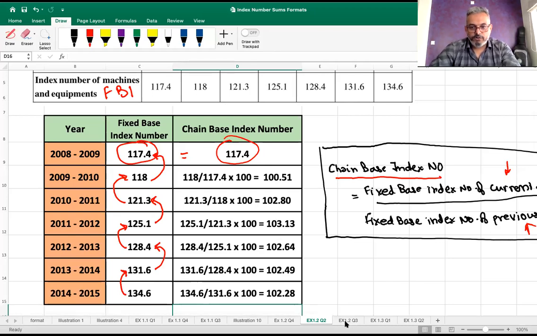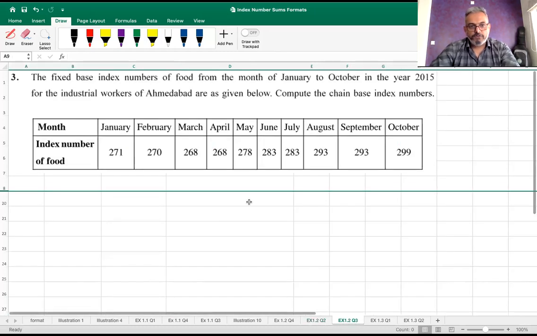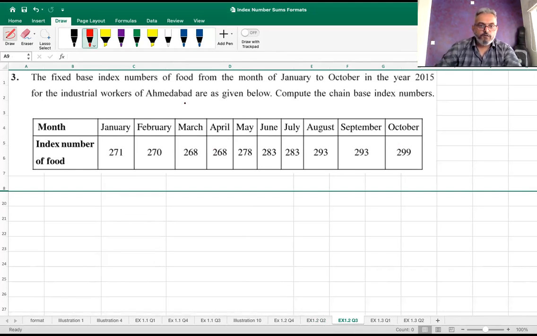Now, exercise 1.2, question number 3. The fixed base index number of food for the months of January to October in the year 2015 for the industrial workers of Ahmedabad are given below. Compute the chain base index number.